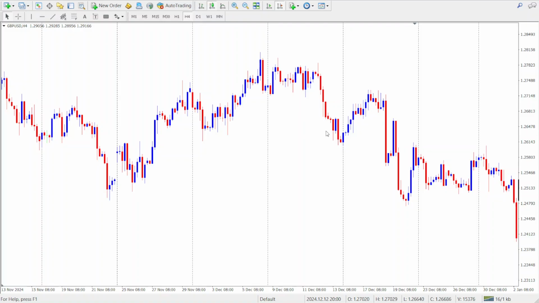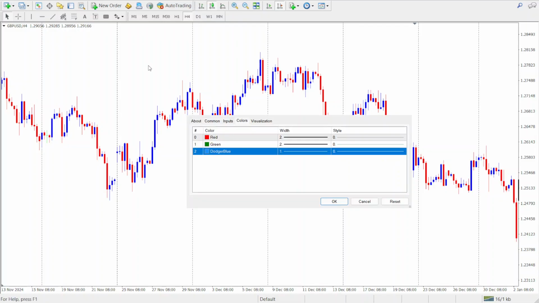So it's like having a filter for noise, leaving you with clearer, more actionable signals.